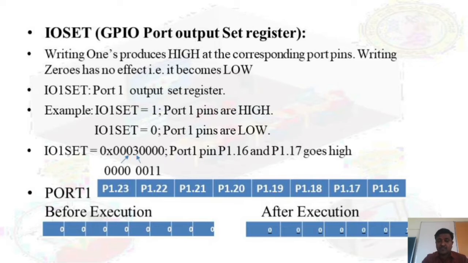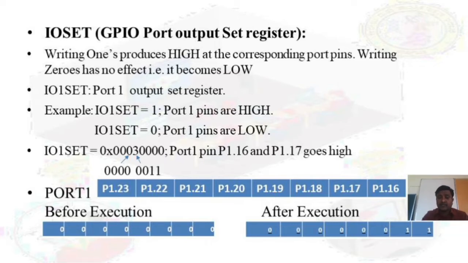Before execution, all the values of the port are 0. After execution, P1.16 and P1.17 have become high, because we have written IOSET. The values of the port pins become 0 to 1.